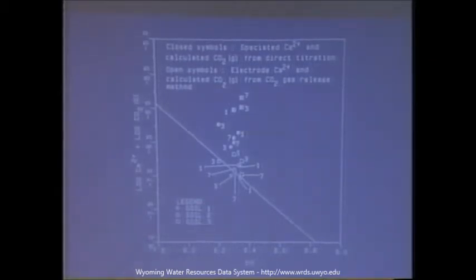You can see all those open symbols are very close to the calcite solubility line, suggesting that those soil solutions are in equilibrium with the calcite. But if you compare these, they suggest they are not in equilibrium with calcite because they are supersaturated, higher than this line. And 7 days reaction period points fell right on the line. It's very close to equilibrium.